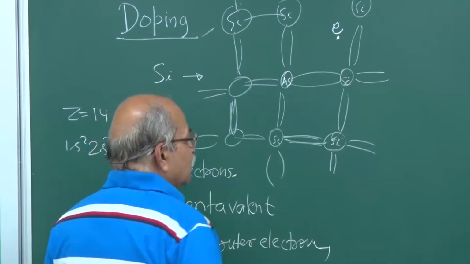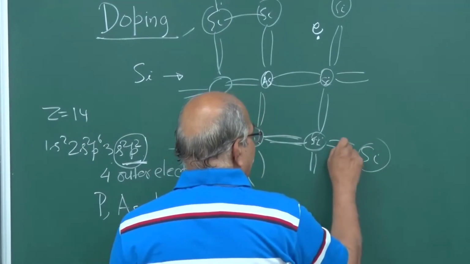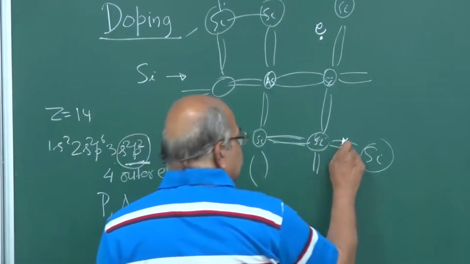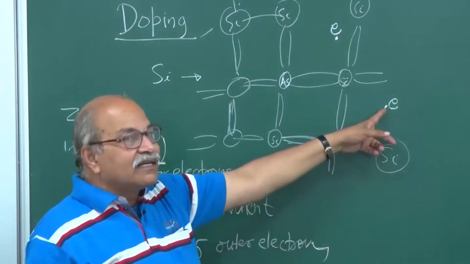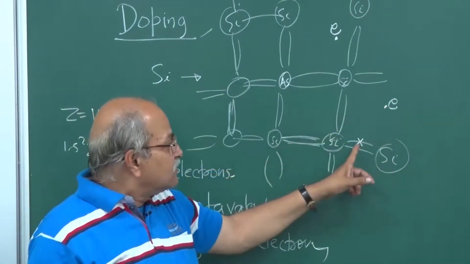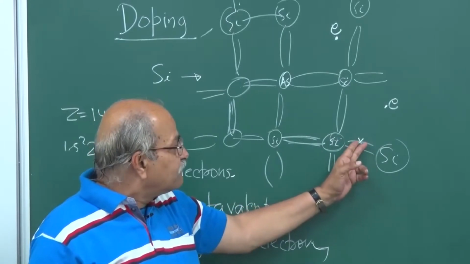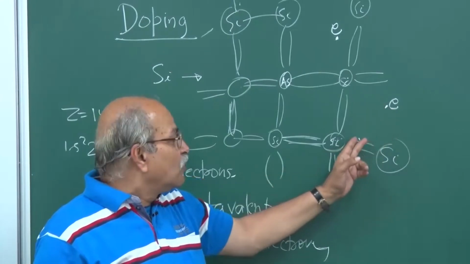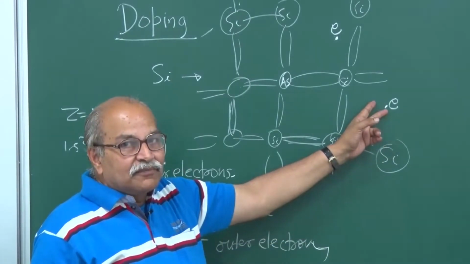But you can also compare: suppose you have a silicon here with this bond, and this bond is broken and this electron comes here. This electron is in the conduction band. A valence band electron has gone from the valence band to the conduction band.